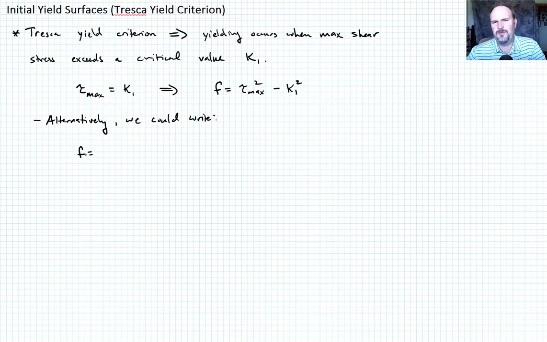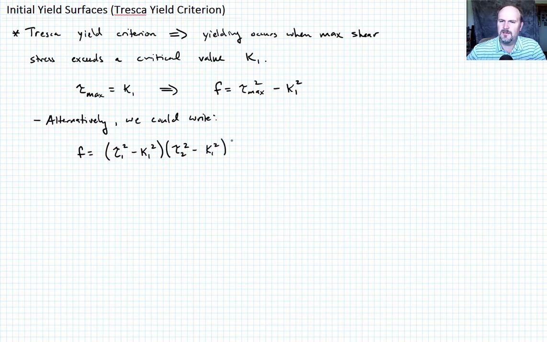So if we're in the principal stress coordinates, then there are basically three circles in our Mohr's circle diagram, and the halfway point, so to speak, between each of the principal stresses turns out to be the max shear stress in those planes. So we could call that, let's call that tau 1 squared. So there's three of these, right? Minus K1 squared times tau 2 squared minus K1 squared times tau 3 squared minus K1 squared.